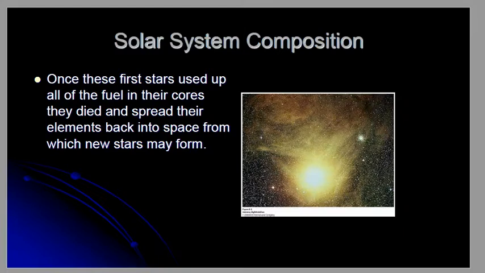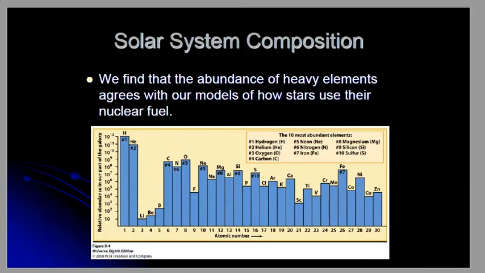Right? So we have small or light gases coming together to form stars, through fusion creating heavier elements, and then at the end of their life when those stars explode they spread those heavier elements out into the rest of the universe.